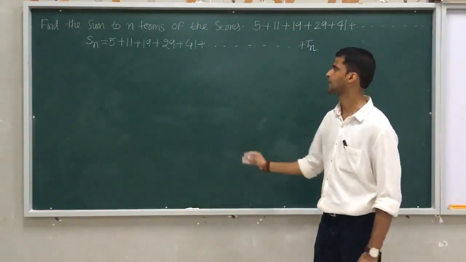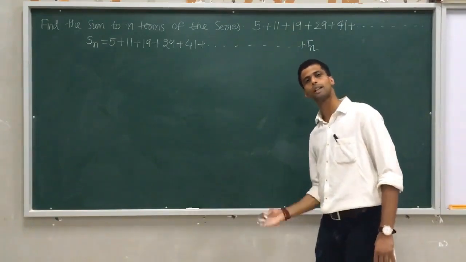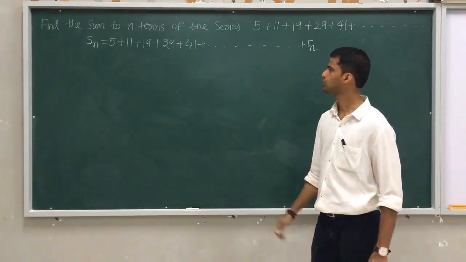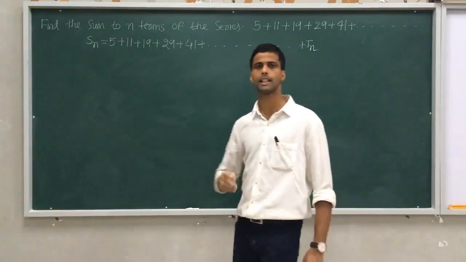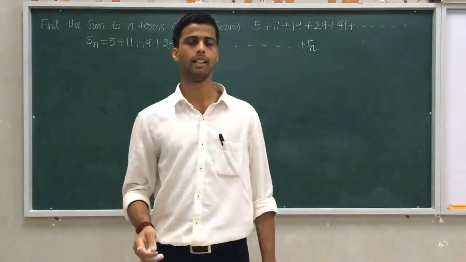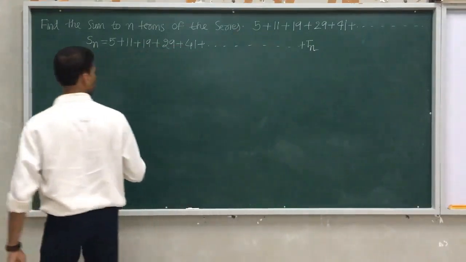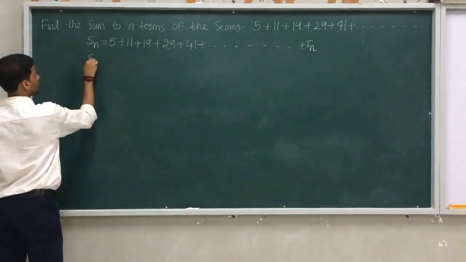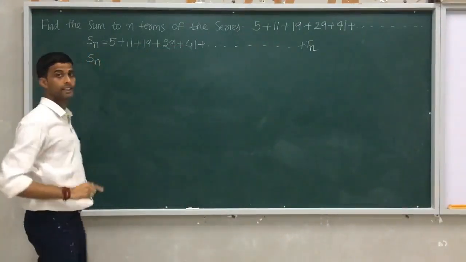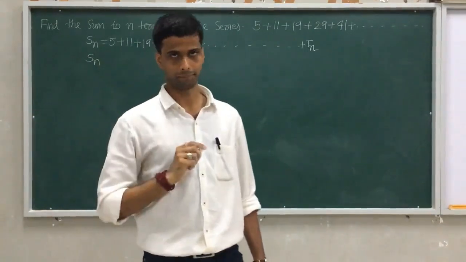What to do in such a case? To solve such a question, where you get neither AP nor GP, there is one logic they implement. They call this the method of difference.